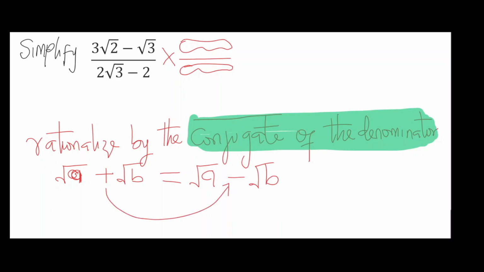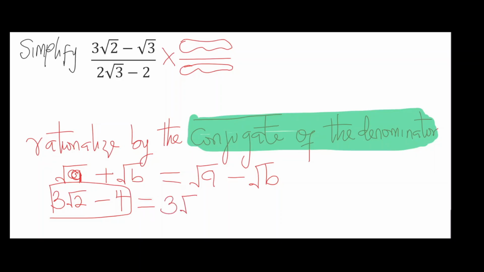Also, let's say we have 3 root 2 minus 4, and we are to get its conjugate. The conjugate becomes 3 root 2 plus 4. So the sign would change.